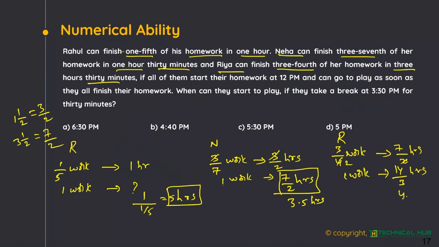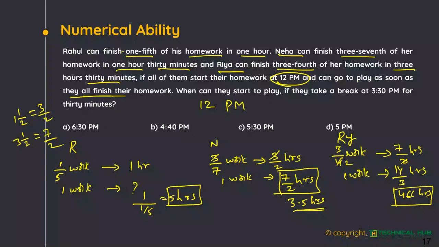Time period of Rahul, 5 hours. Time period of Neha, 3.5 hours. Time period of Ria, 4.66 hours. Now the question is, if all three members start their homework at 12 p.m. and can go to play as soon as they all finish their homework, they are planning to go to play once they finish.